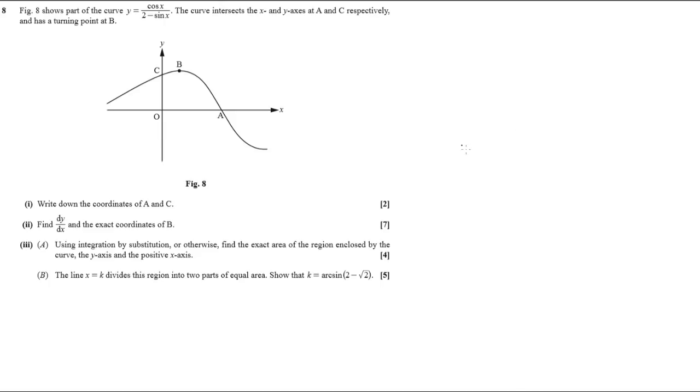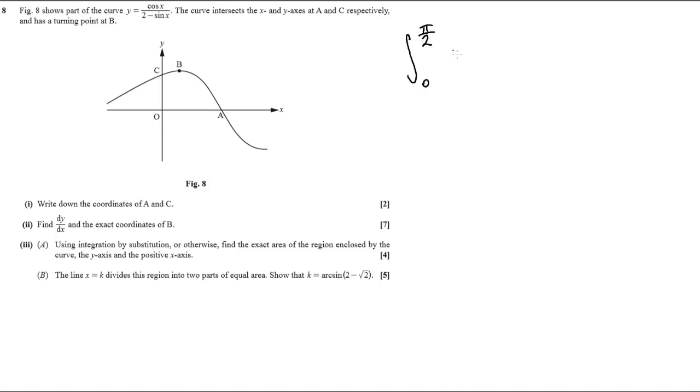Part 3a, we need to use integration to find the area enclosed by the curve. And we already know that the x coordinate of a is pi by 2, so that would be our upper bound. The lower bound will be just 0 because that's the y-axis.